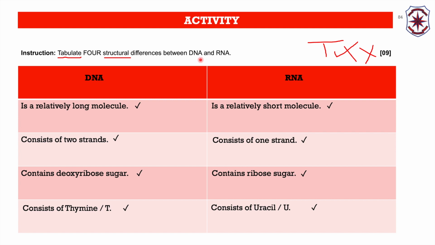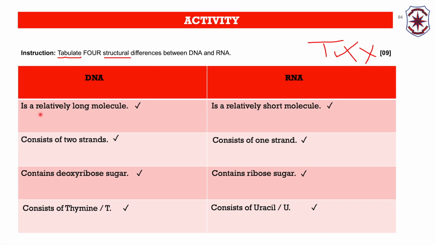Another thing that I would like to caution: please make sure that when you give differences, you do not compare apples to oranges, but you compare apples to apples. Compare directly, please. For example, when you are comparing the length of DNA, you must correspond it with the length of RNA.